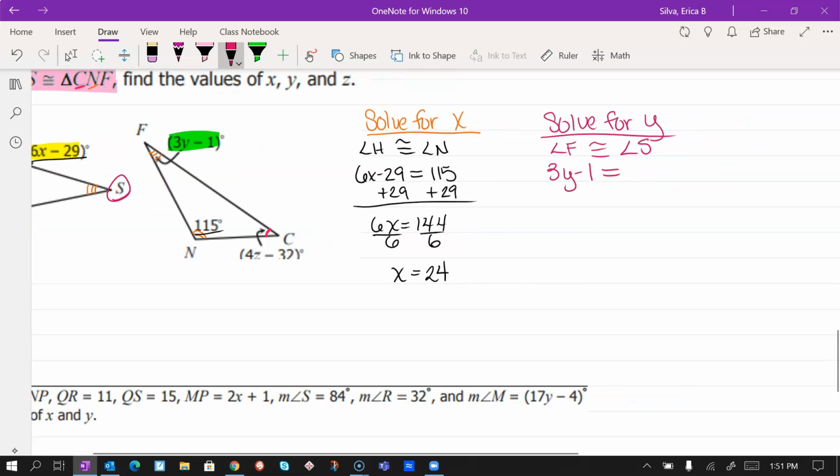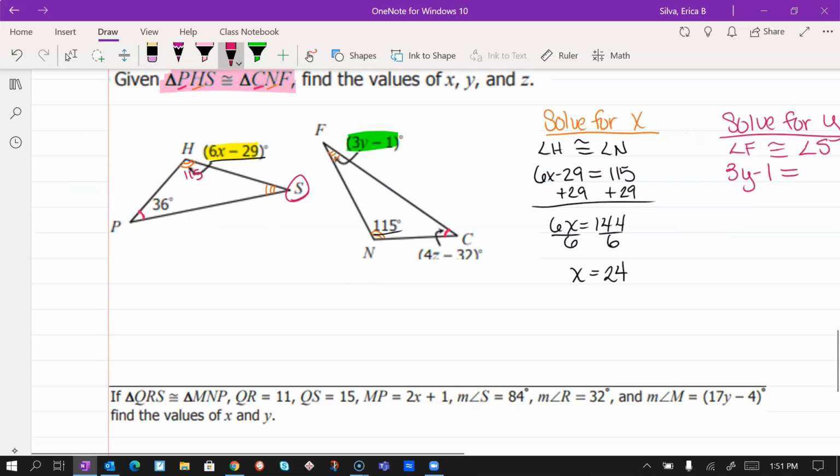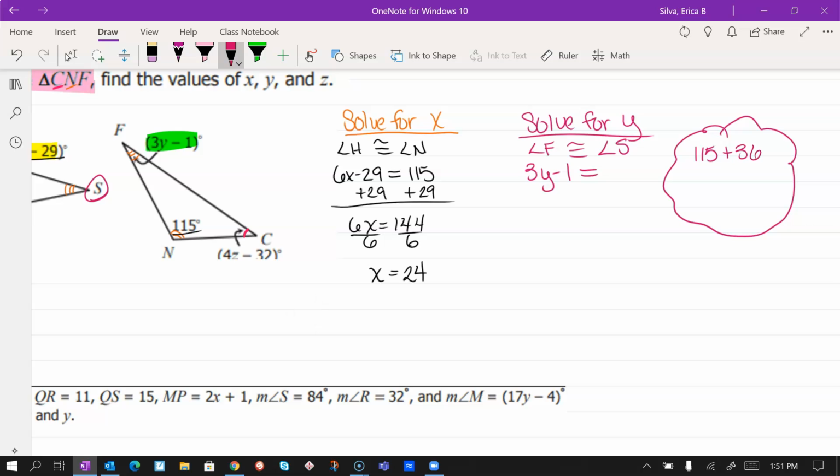We're going to add, I'm going to put a little bubble over here, where we add 115 plus 36, and that gives us 151 degrees, and then we're going to subtract it from 180. Perfect. Thank you, Samaya. And we get 29. So then angle S is 29 degrees.